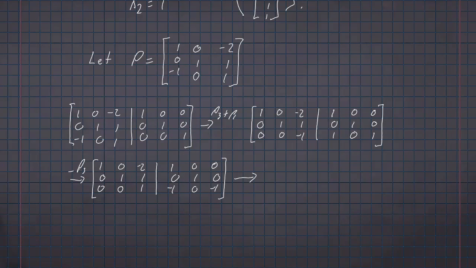And then take row 2 minus row 3 and row 1 plus twice row 3, and that will clear out the last bit of it.